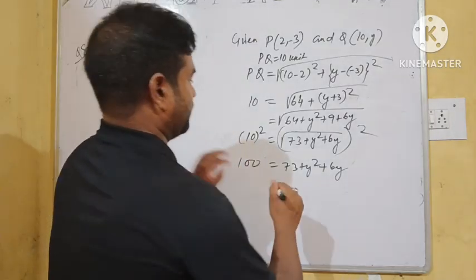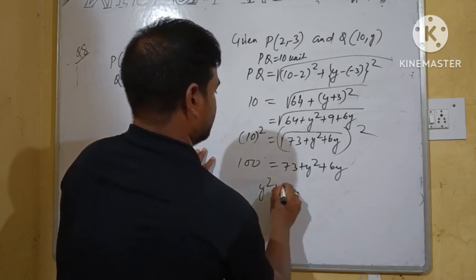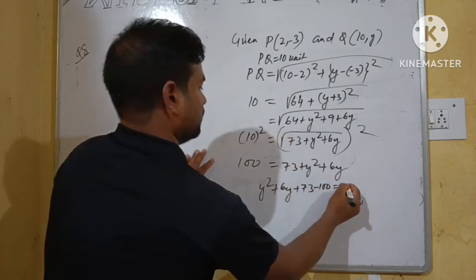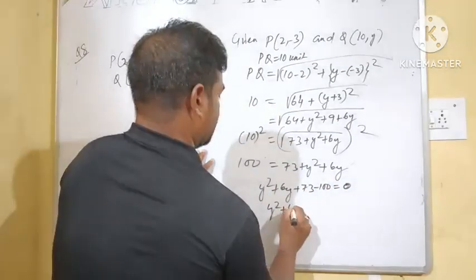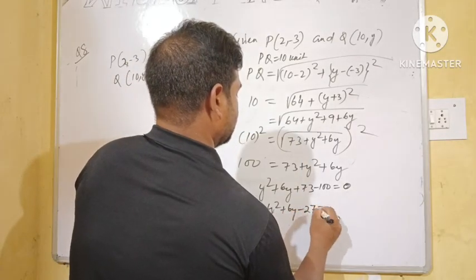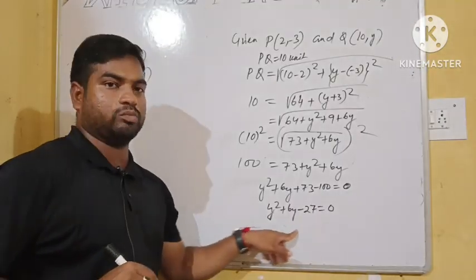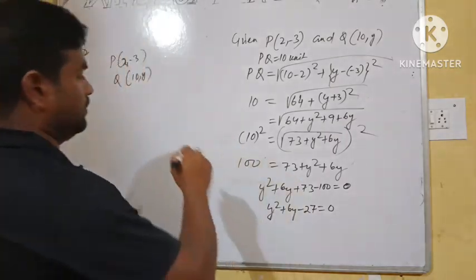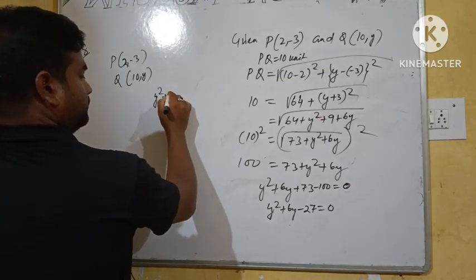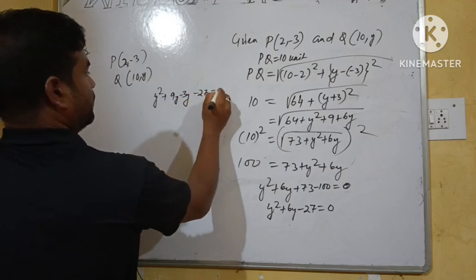Then y square plus 6y plus 73 minus 100 equal to 0. So y square plus 6y minus 27 equal to 0. We find the value of y by using middle term split or the quadratic formula. Write down y square plus 9y minus 3y minus 27 equal to 0.